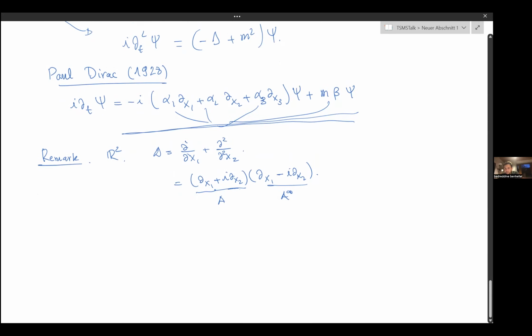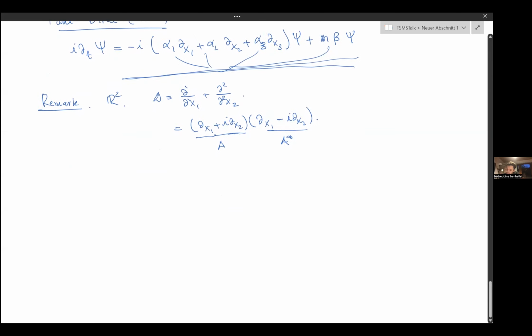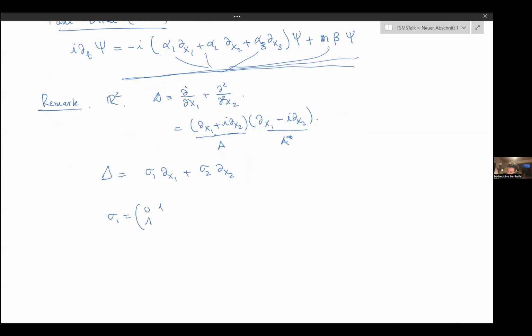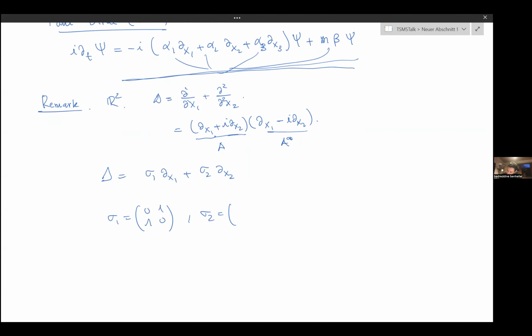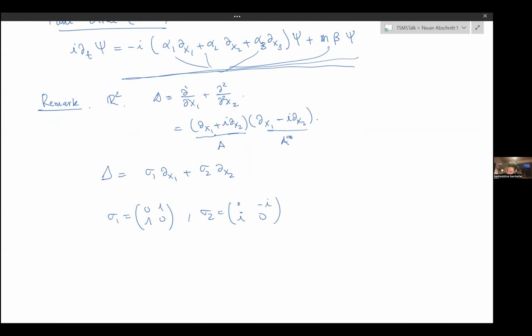Now, however, if you pass to matrices, if you allow, for example, alpha 1, alpha 2 to be matrices, then you can do this as follows. For the Laplacian, you just pick sigma 1 dx1 plus sigma 2 dx2, where sigma 1 is the matrix 0, 1, 1, 0, and sigma 2 is 0, minus i, i, 0.